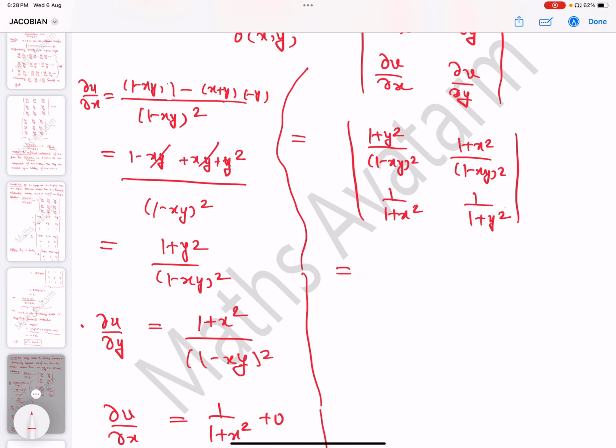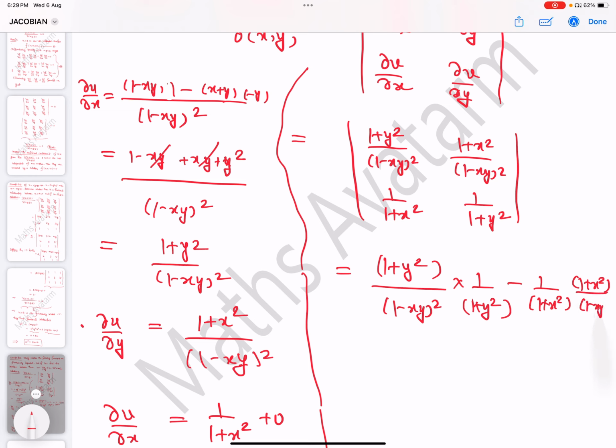So what we will get? When we multiply this, 1 plus y square will be cancelled out. So I am writing it: 1 upon 1 minus xy square, 1 plus y square, minus 1 plus x square, 1 plus x square, 1 minus xy square.